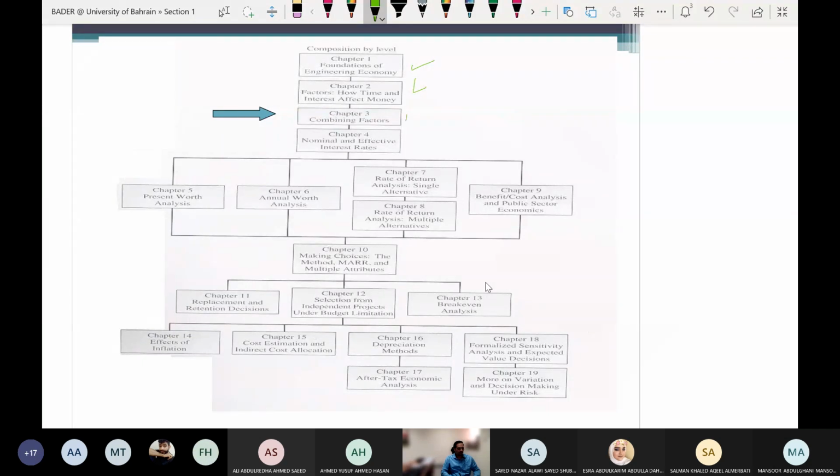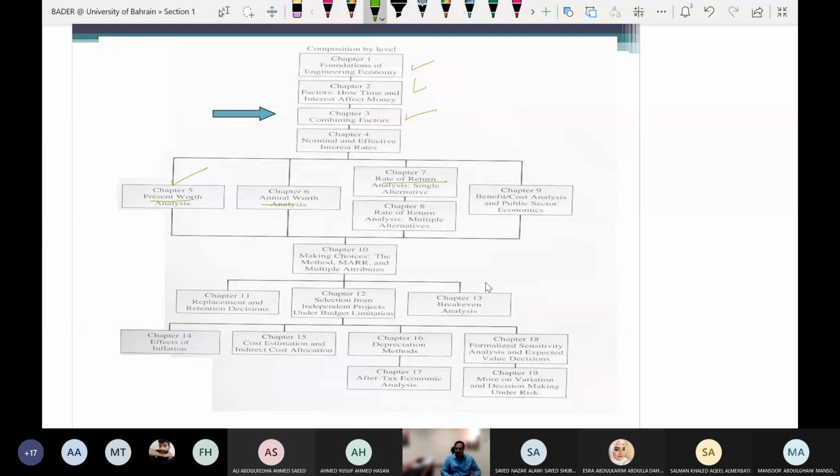Today we're going to finalize the foundation. As you can see, in the future we will calculate present worth using our real problems. What about annual worth? What about rate of return? That's why I told you guys we will be able to proceed at a very strong pace.